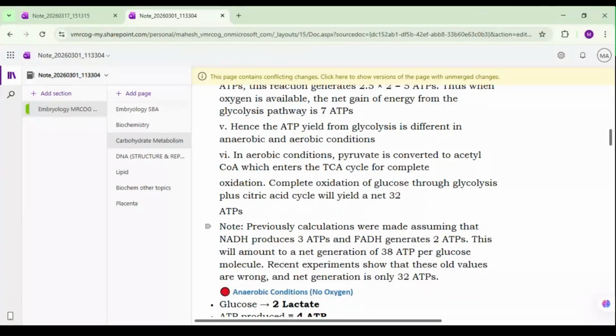So previously they used to say that complete oxidation of one glucose will give 38, because the calculation depended on one NADH giving 3 ATPs. But as per the new calculation, one NADH is equal to 2.5 ATPs, and one FADH, which was considered equal to 2 ATPs, is nowadays considered equal to 1.5 ATPs.